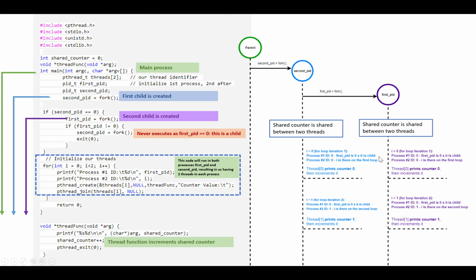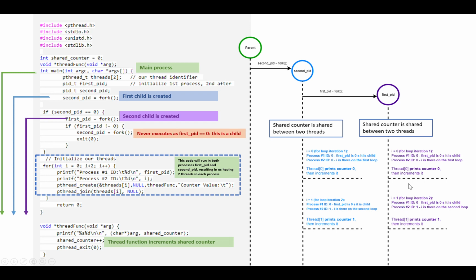Now, the same process will take place in the second child process, labeled first PID. We will see the same values popping up in the first print statement, since first PID will be 0. Then we will see that the second print statement will print 0 and 1 on the first and second iteration of a loop.